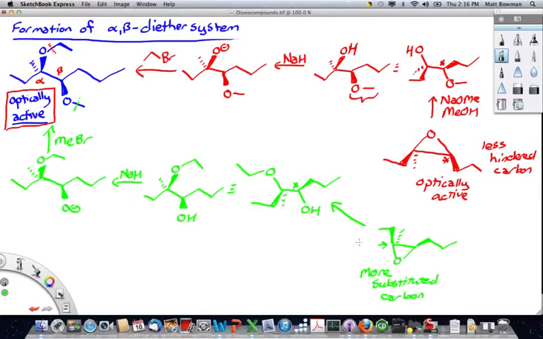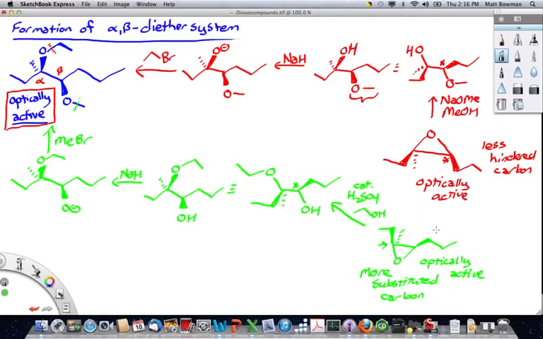So to preferentially attack that carbon, we need to add a little bit of acid, along with our nucleophile. In this case, our nucleophile is ethanol. We want this epoxide to be optically active.